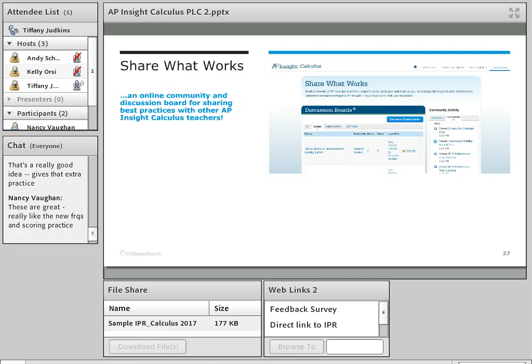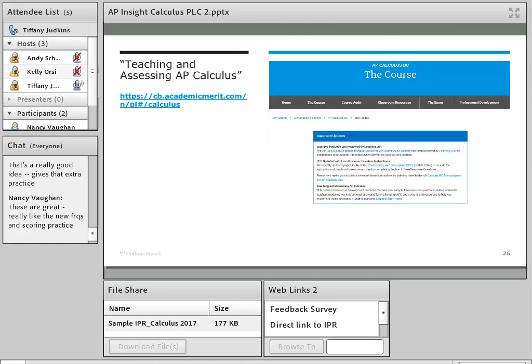And you just go there and log in, and you log in using your regular College Board username and password. So the same information that you use to log in to your course audit account and other College Board resources, that's what you use when you click the login hyperlink in this red box here. It's completely free, and you can stop and start the modules at different points and come back to it if you need to.